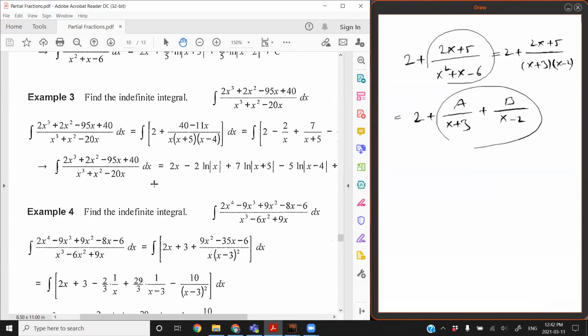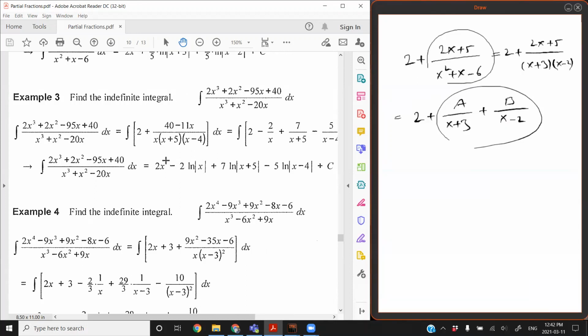Do you need to see more examples of long division, or you're good with that? Okay, so I'm going to just assume that you know how to do that.